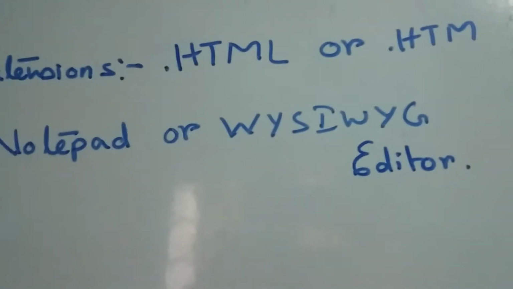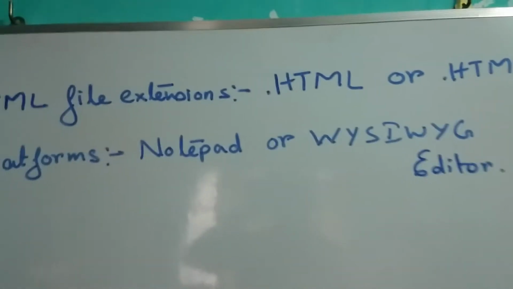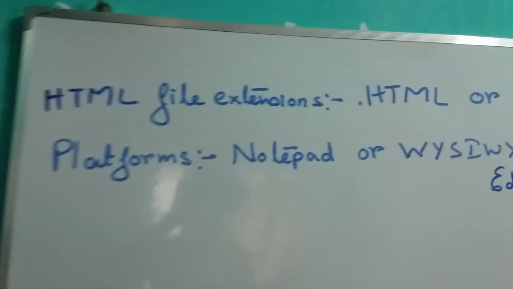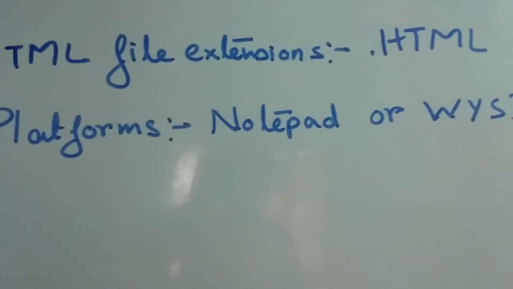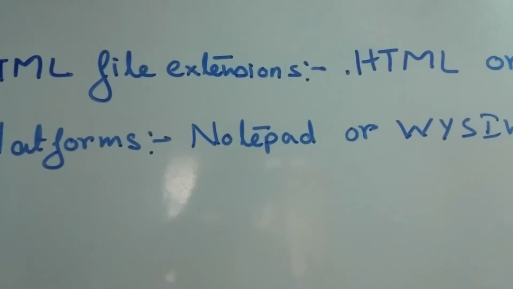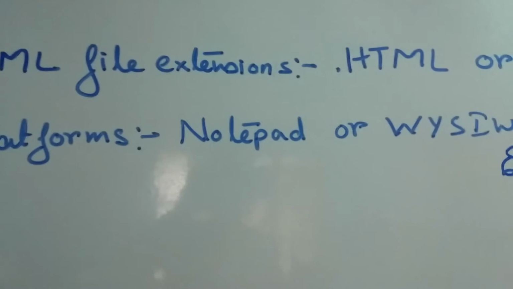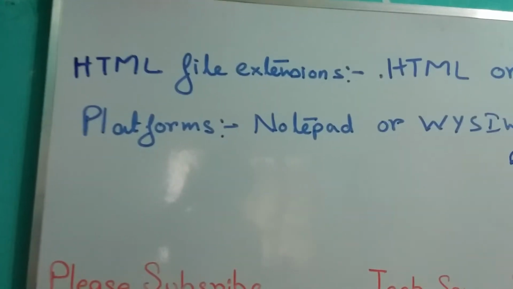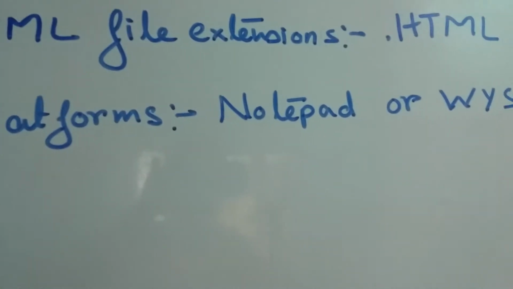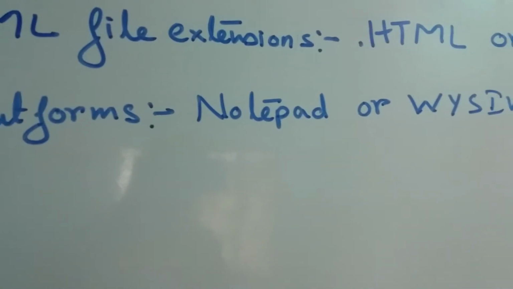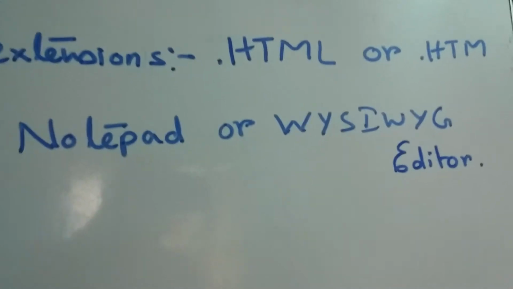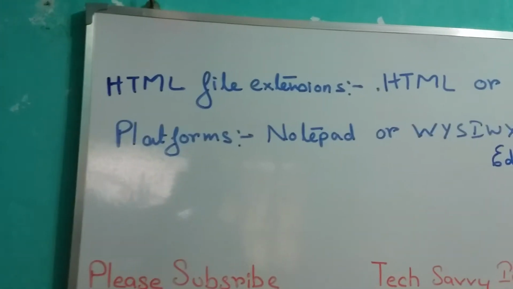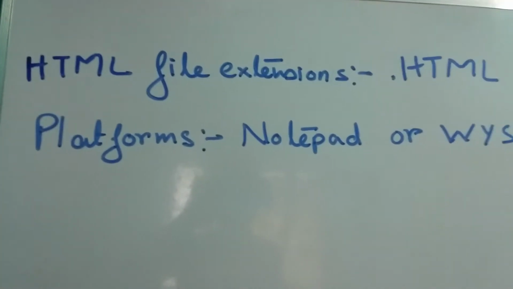So where do we create the file? If we have basic knowledge of programming, to do C++ we need a C++ editor, we need a platform, we need a base for that. But there is no need to buy any platform for HTML. We can simply go to Notepad, write code in HTML, save it with a .html extension, and the file will become a web browser file.